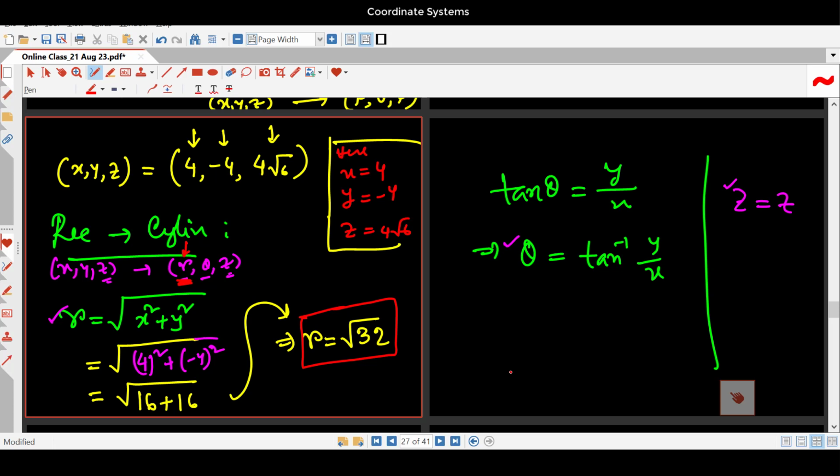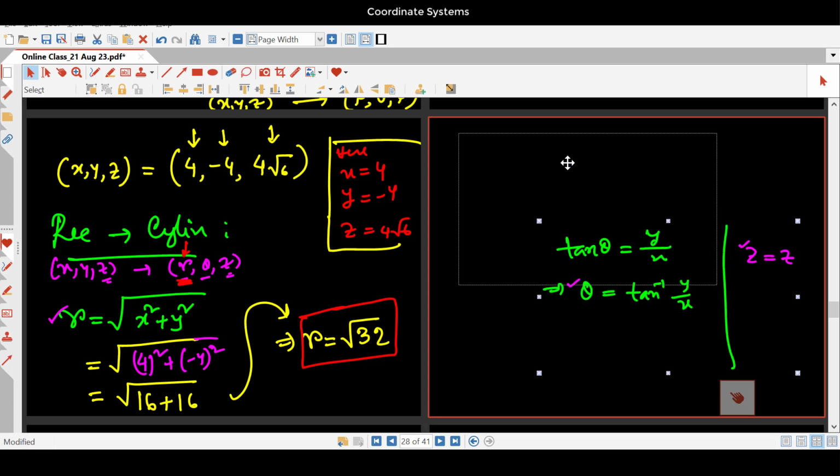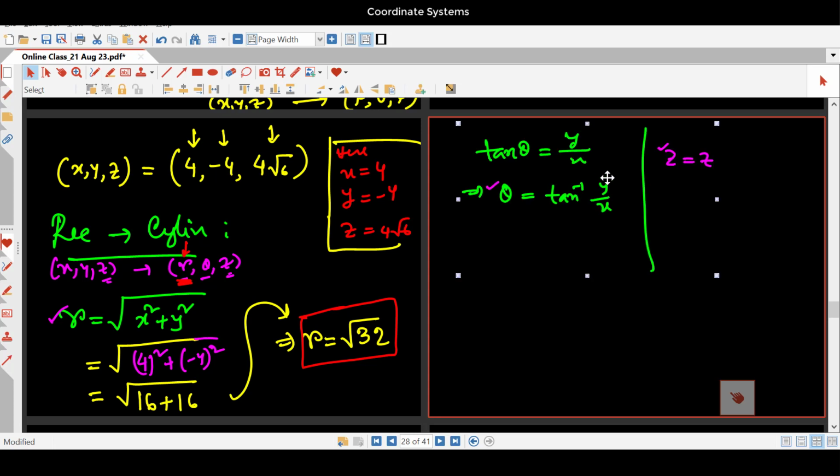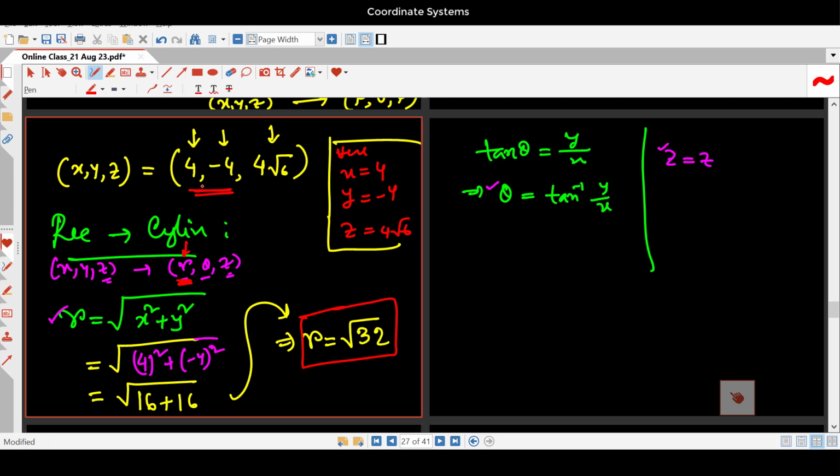So before finding theta, you have to know one concept. When we learned complex variables, you saw that theta is known as the argument, and finding theta depends on the location of the point. So here we need x comma y.